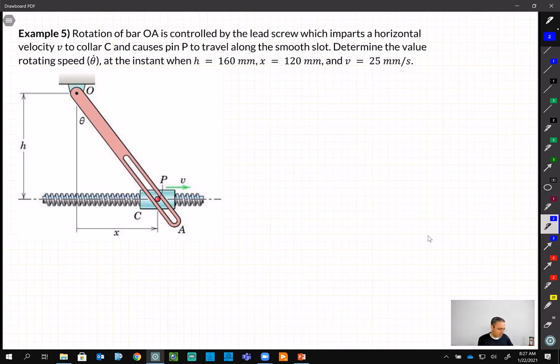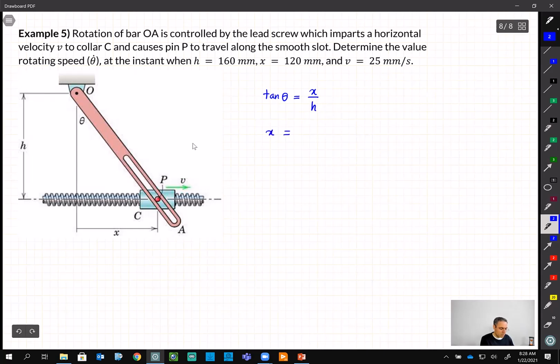It makes life easier. So can I write here tangent theta is equal to x over h? I guess I can, because I have a right triangle. And keep in mind, we are going to relate theta with x, and this is maybe the best way to relate them. Sine is not useful because then I have other parameters which I'm not going to use.